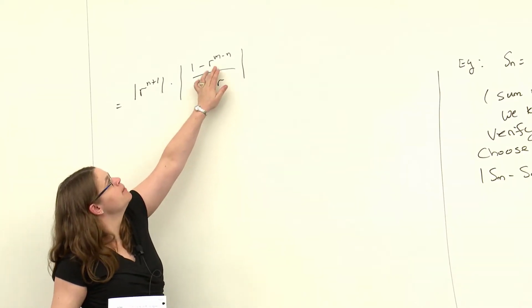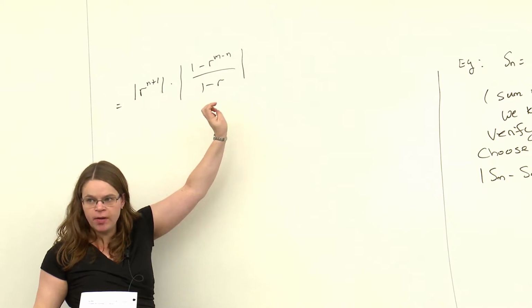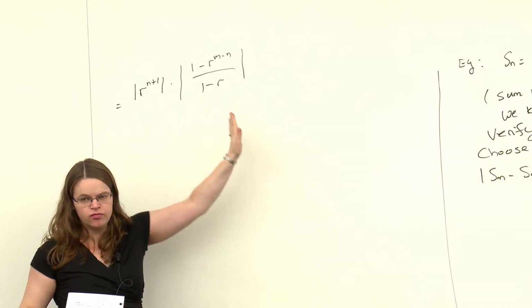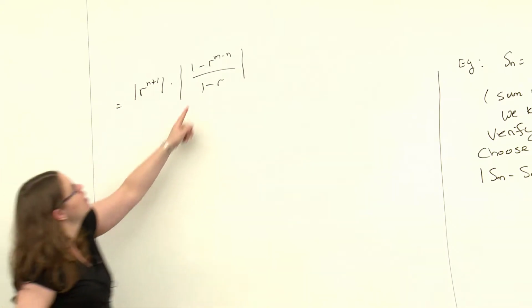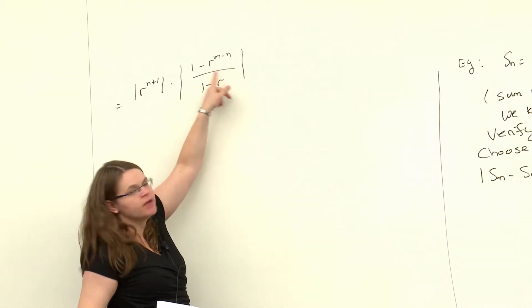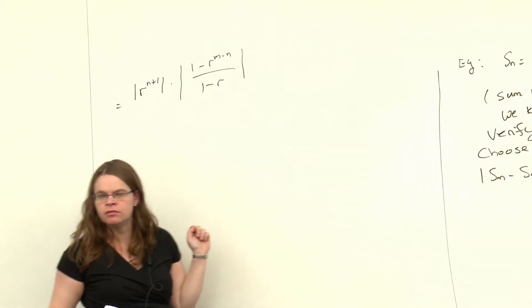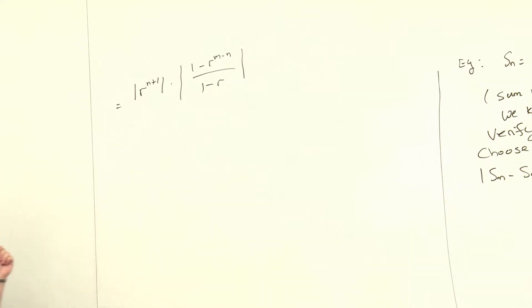All right, r to the m minus n. m minus n is a positive exponent, yes? We've made sure of that. How big can this be? What's the biggest that could ever be? So r to the m minus n, what's the biggest that would ever be?